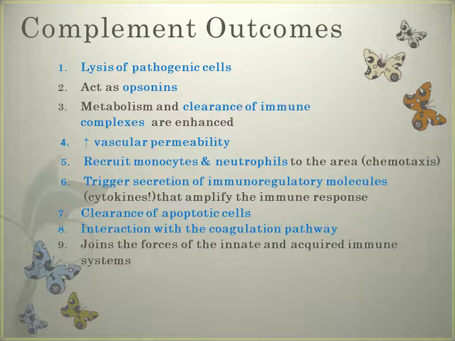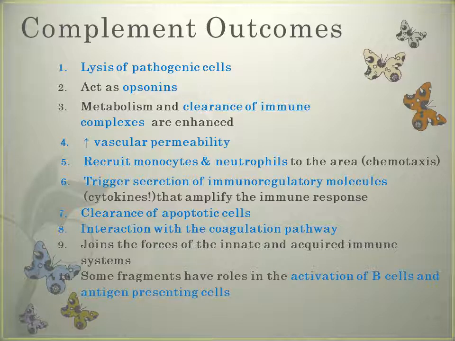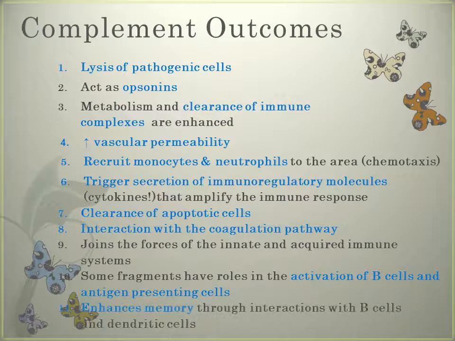It helps join the forces of the innate and the acquired immune system so that they work together. Some complement fragments have roles in the activation of B cells and antigen-presenting cells. And it helps enhance immunologic memory through interactions with those B cells and dendritic cells.